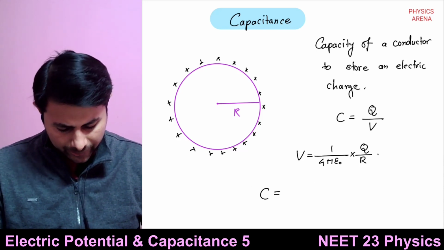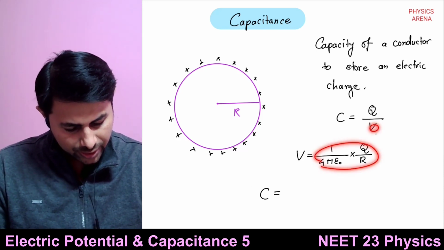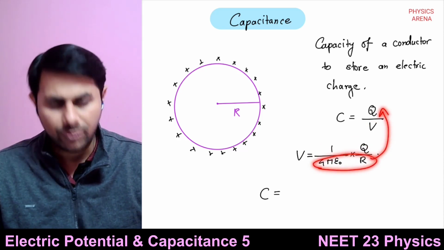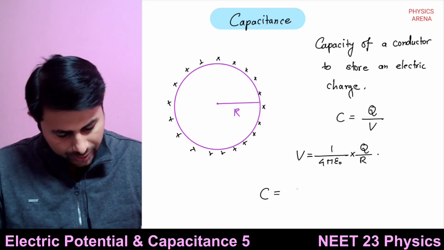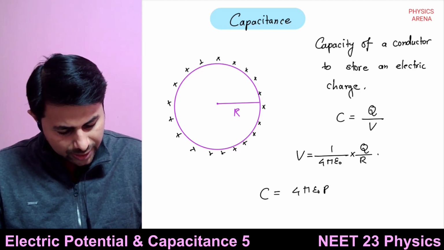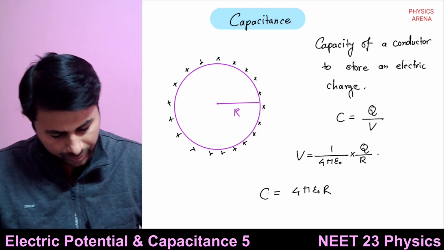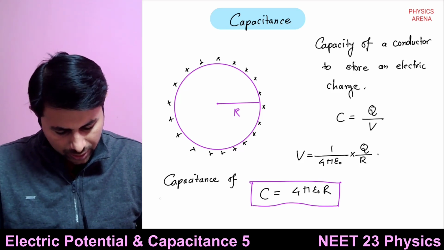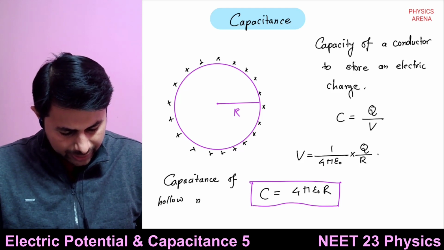Q and q get cancelled, and this 4 pi epsilon naught r will go in the numerator. So we get 4 pi epsilon naught r. This is the formula for the capacitance of a hollow metal sphere.